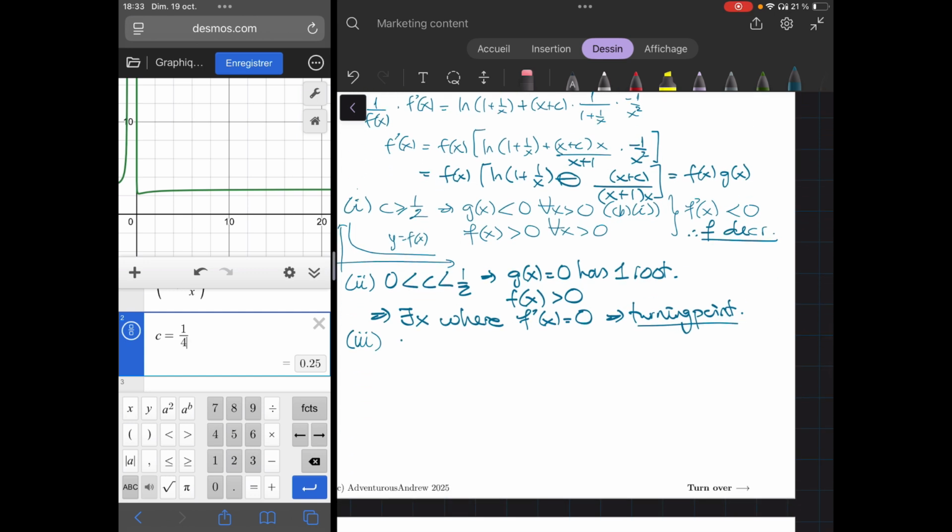Okay, so if c is equal to 0, f prime of x becomes 1 plus 1 over x to the x times this.